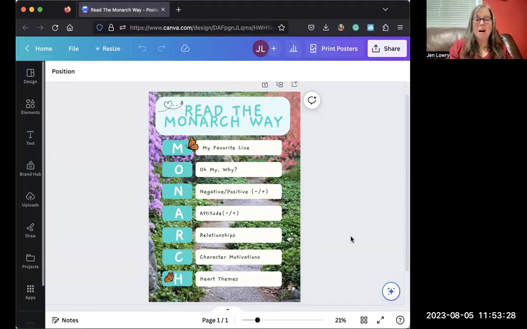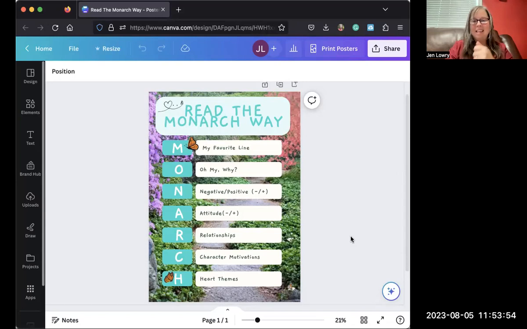When you are reading a Monarch book, what is a way that you can engage yourself, the readers in your life, with the content? So imagine that you have picked up your favorite Monarch book and you're just getting started in chapter one, and you're leading a classroom discussion or a book talk, a book study, you're in book club.